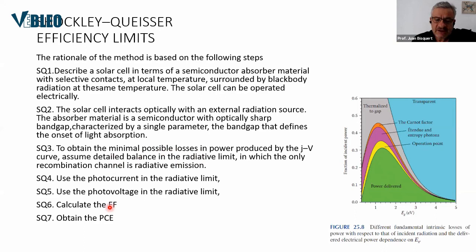Just by using these ingredients, you can obtain a fundamental limitation to the efficiency by taking into account the different losses of the physical effects of this model of the solar cell. You can obtain the possible power as a function of the bandgap of the material, which is maximum around here, 1.5 electron volts.